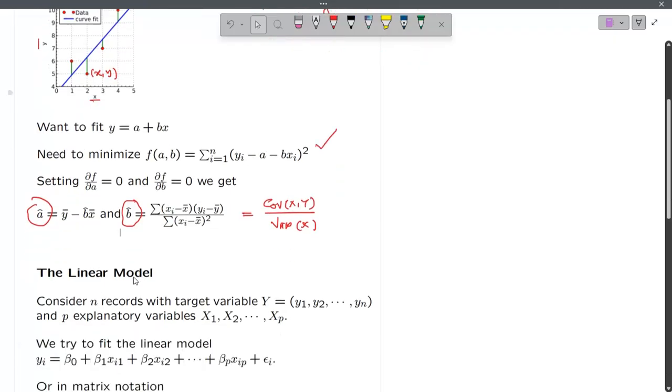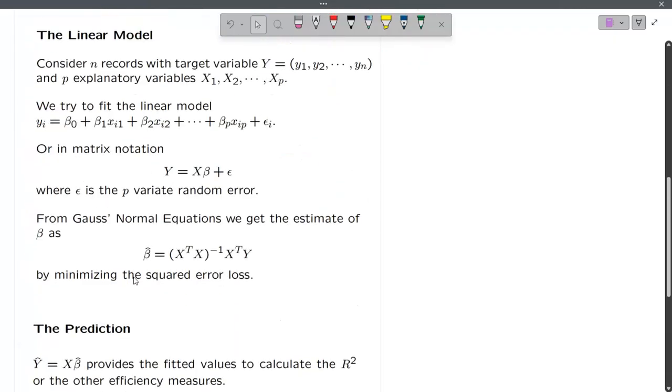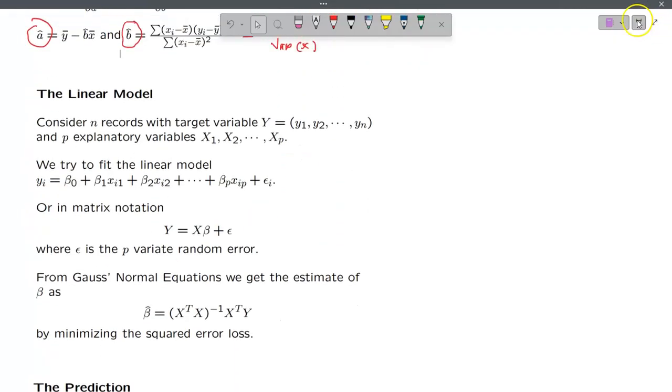Now this is the bivariate setup. Now we can go to the multivariate setup, where we have explanatory variables and the target variable y. The different measures of a cow, and the average milk produced by the cow. So this is the multivariate setup.